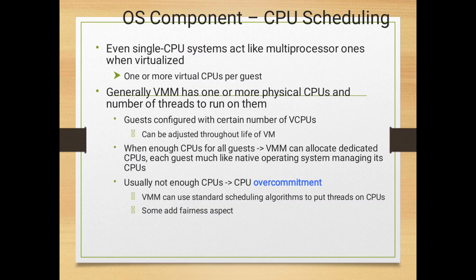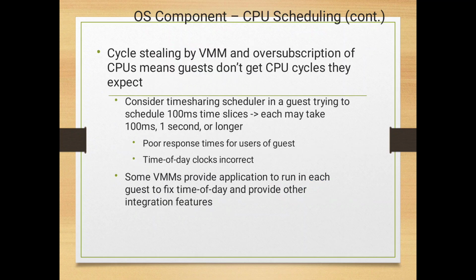Some add fairness aspects. This OS component is described by cycle stealing by the virtual machine manager, and oversubscription of CPUs means guests don't get the CPU cycles they expect. For example, consider a time-sharing scheduler in a guest trying to schedule 100 ms time slices. Each may take 100 ms, 1 second or larger.